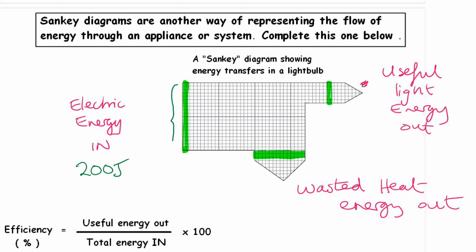If you count up the number of small squares there, you'll find that there are 20.